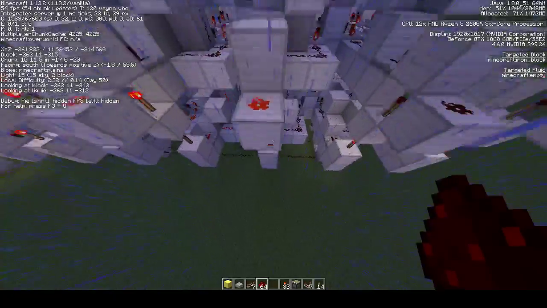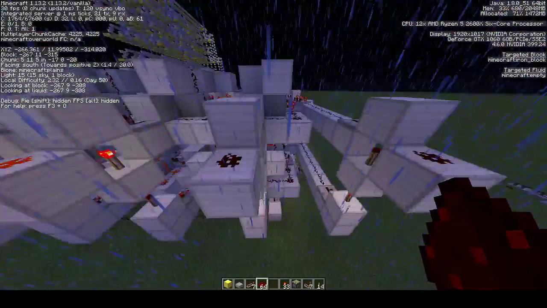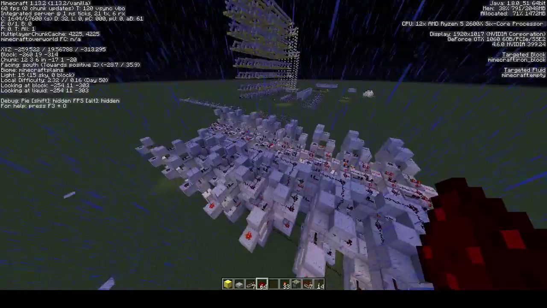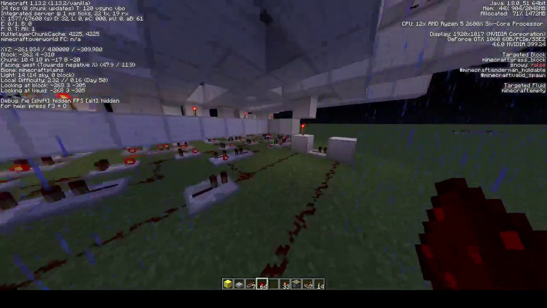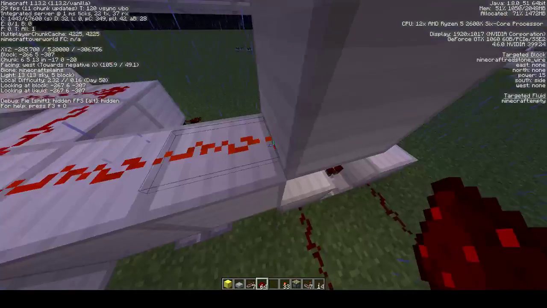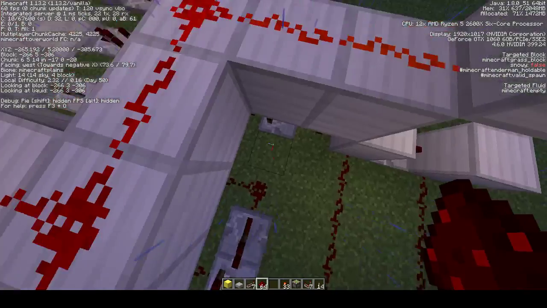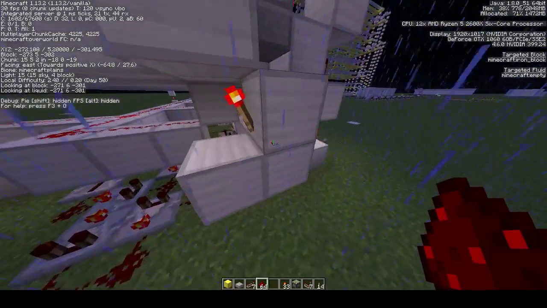And I think I'll have to erase some things, maybe. I don't know. So what's happening is it will not send a signal through here, which means this torch is on, which means that the signal is going through here.